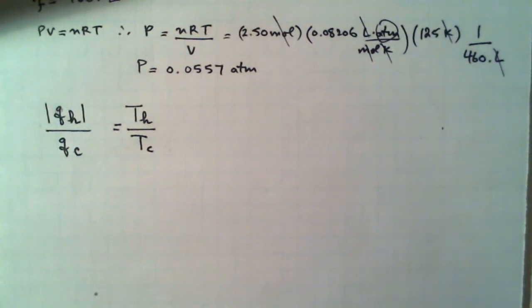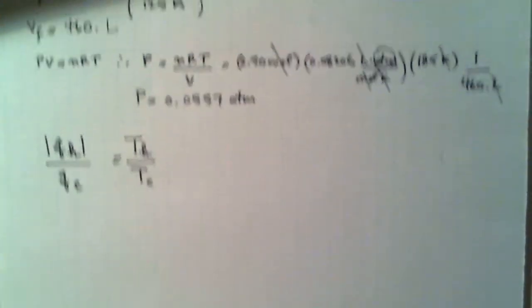And if you look at your table, you've got Q hot, you have T hot, you have T cold, and there's only one unknown.